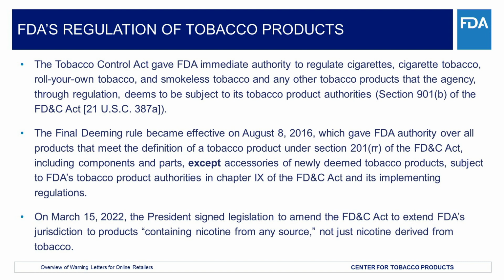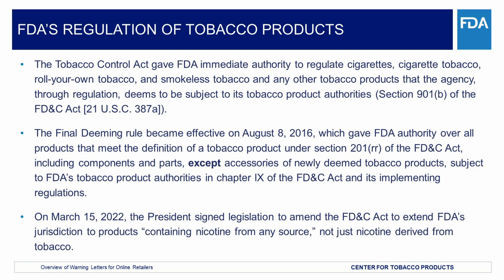On March 15, 2022, the President signed legislation to amend the FD&C Act to extend FDA's jurisdiction to products containing nicotine from any source, not just nicotine derived from tobacco.